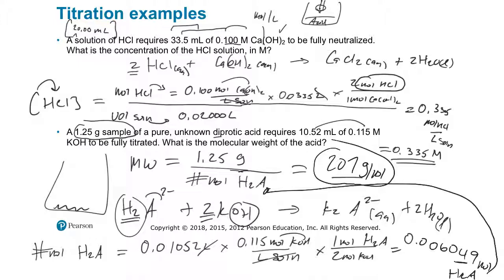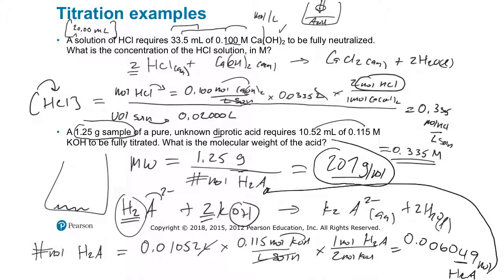Okay, so those are a couple examples of things you might do with a titration or titration-like example, and we're really just using stoichiometry here. One of the keys is when you see a titration problem, the probably number one mistake I see students make when they do a titration problem incorrectly is they forget to consider what the reaction is.